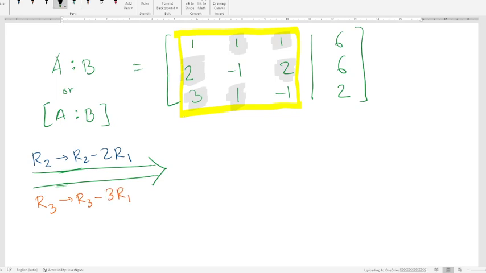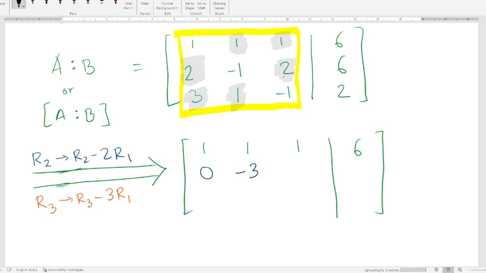Let's write down R1. There is no change made in R1, correct? So R1 we write as it is, 1, 1, 1, the line, then 6. R2, that's in blue, so this is 0. Then negative 1 minus 2 multiplied by 1, that is negative 1 minus 2, that is negative 3.